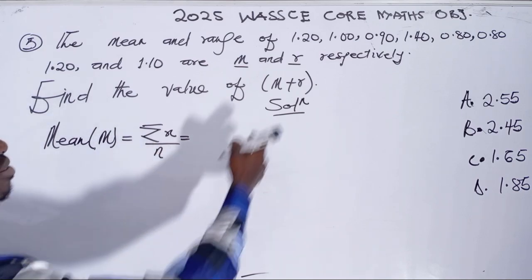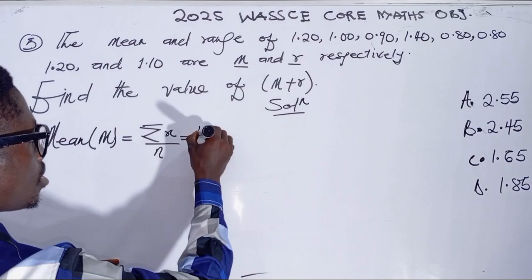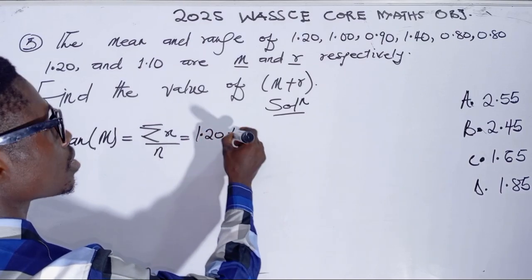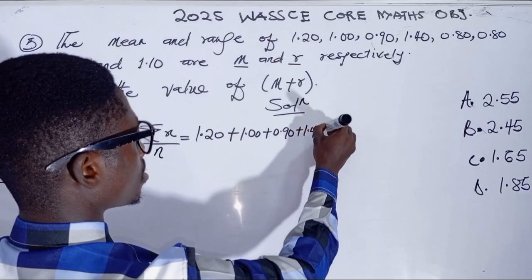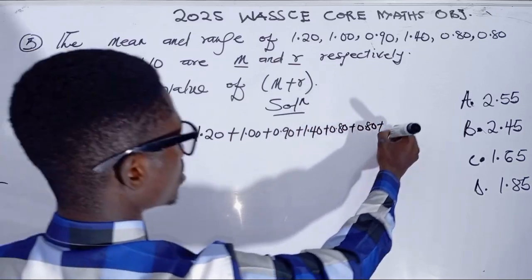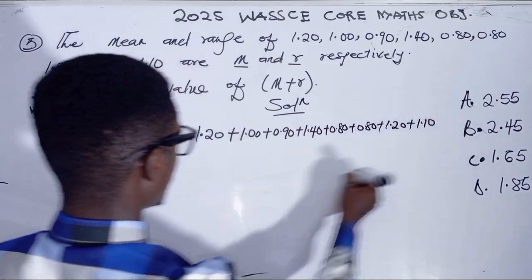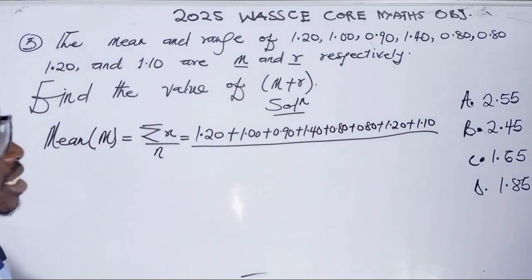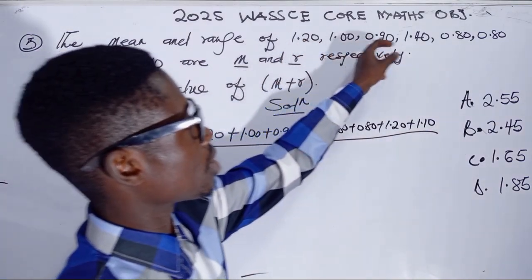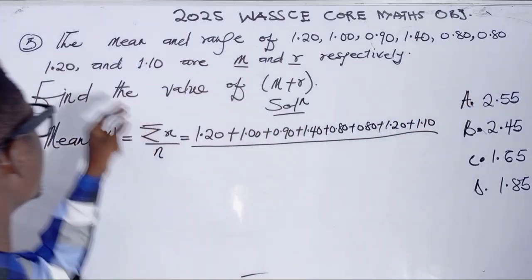So we are going to have... how many data are given? We have 1, 2, 3, 4, 5, 6, 7, 8.